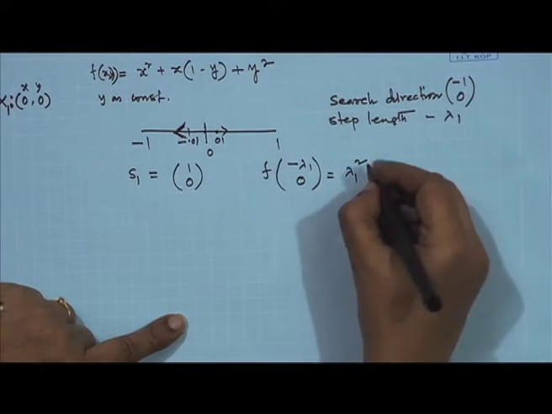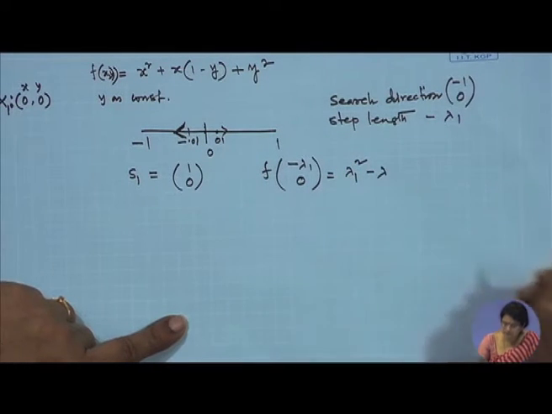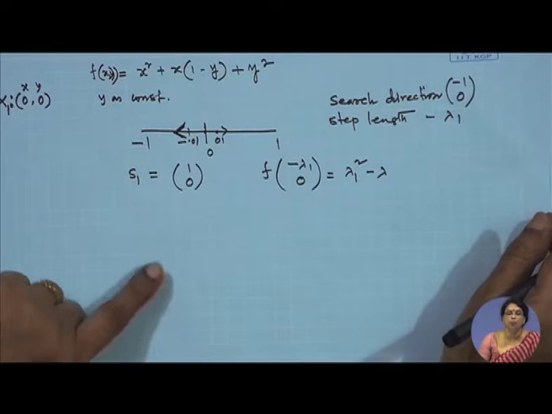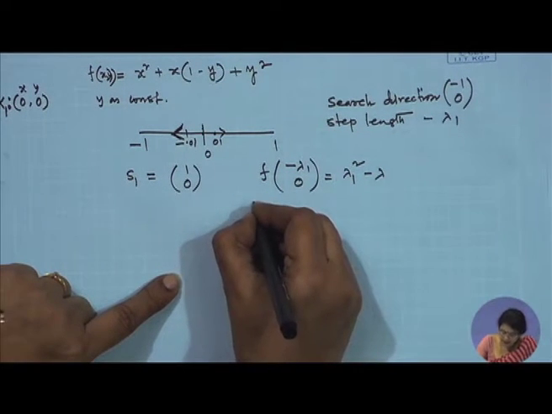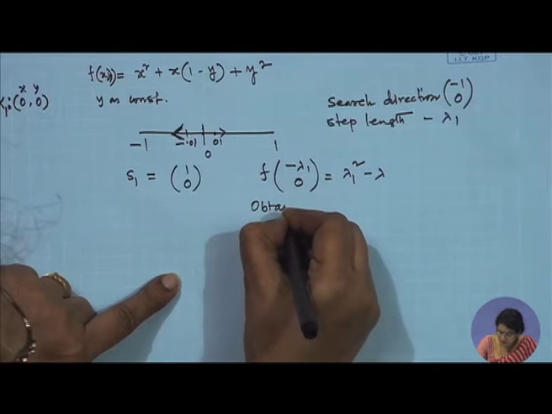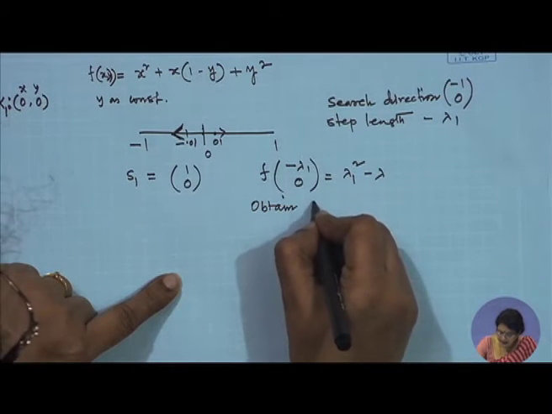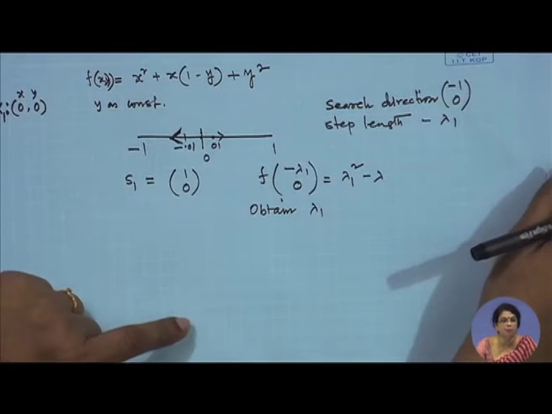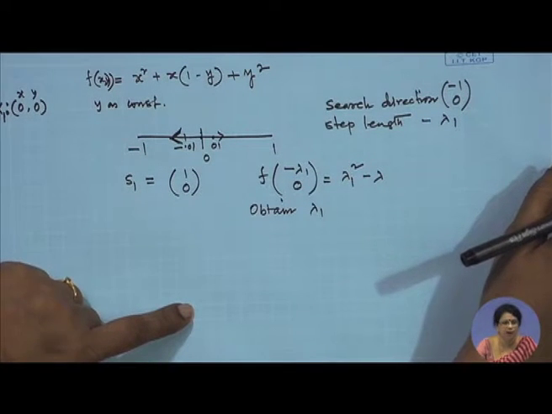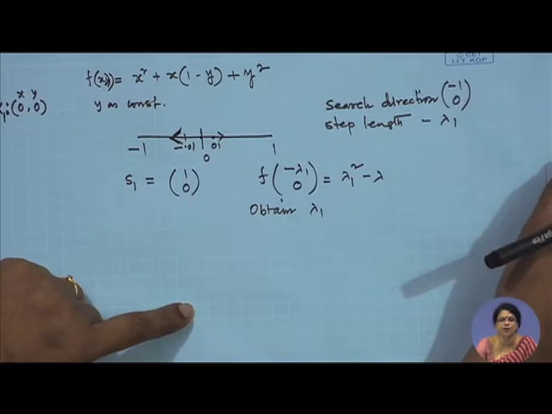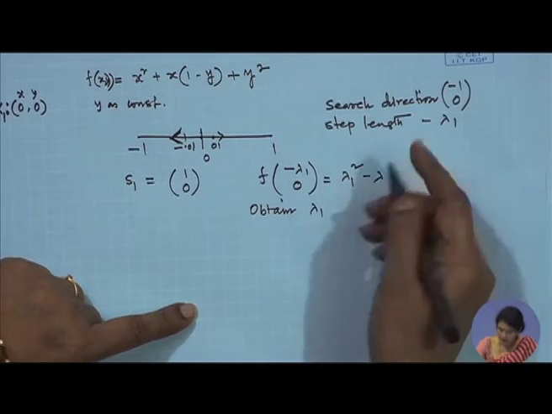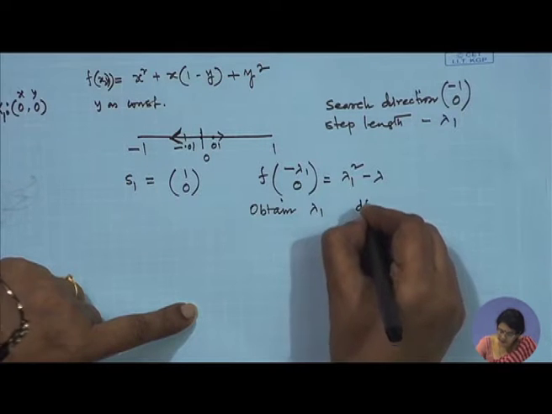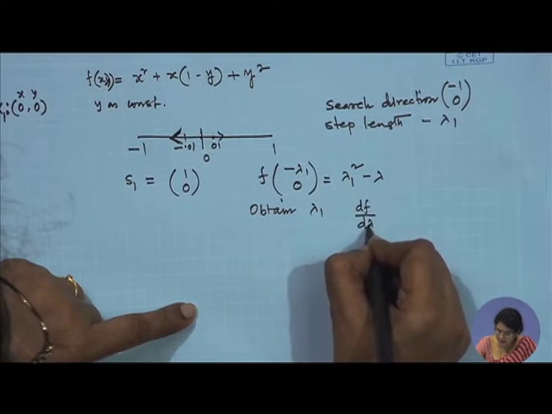Lambda 1 square minus lambda 1. Now, what is my aim? My aim is to obtain lambda 1 which optimizes f. That means the first order derivative of f with respect to lambda 1 must be 0. What we do is consider df by d lambda 1.